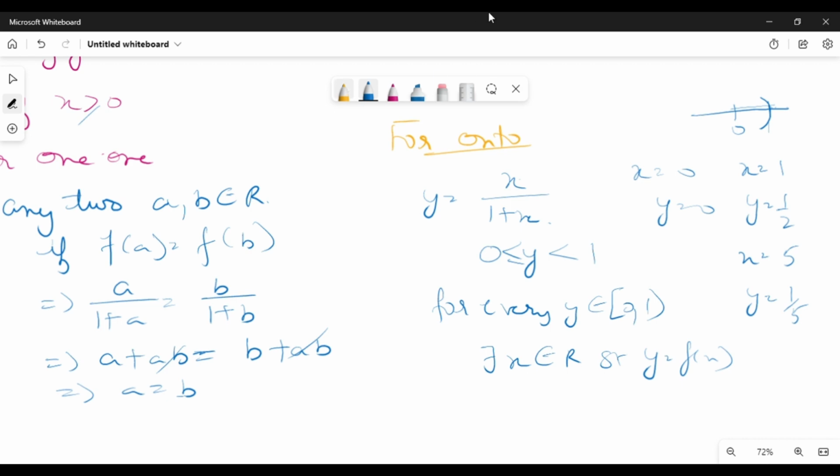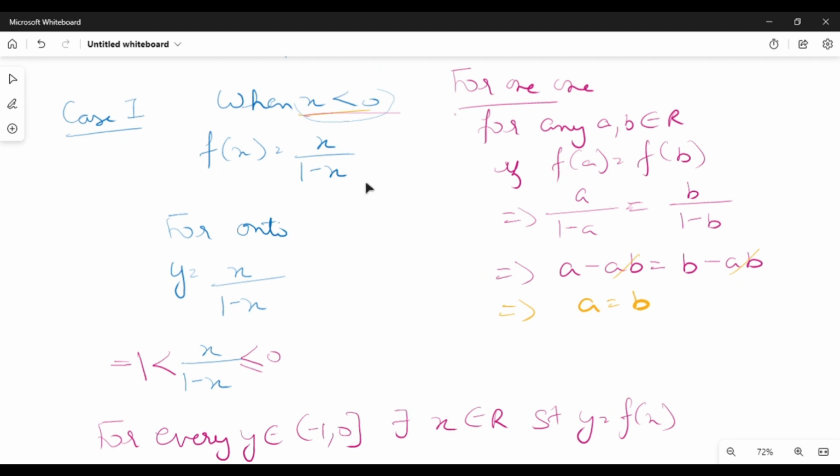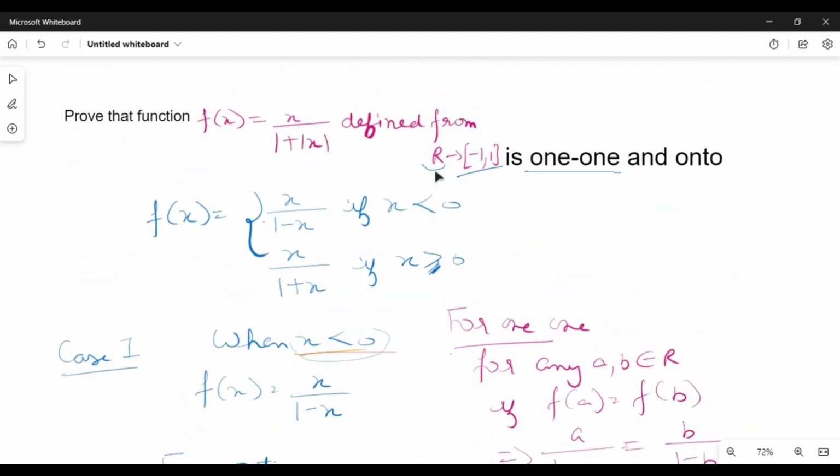So in this question, let's come back to the beginning of the question. We have proved that the function is defined from R to the interval minus 1 to 1. Let me make one correction here: it should be the open interval (minus 1, 1) because the function cannot take the value minus 1 or 1. I proved this by taking two cases: if x is less than 0, and second, if x is greater than 0.